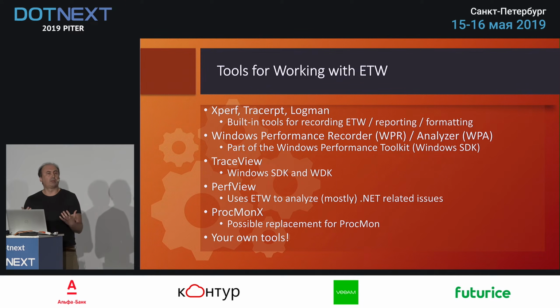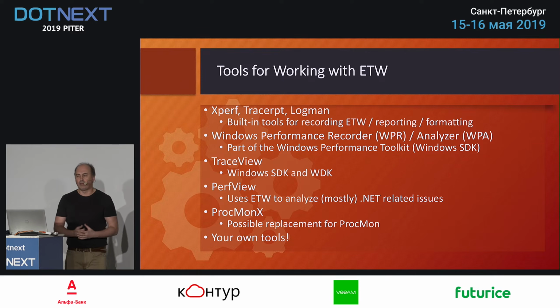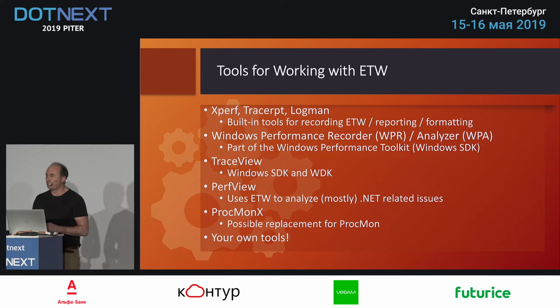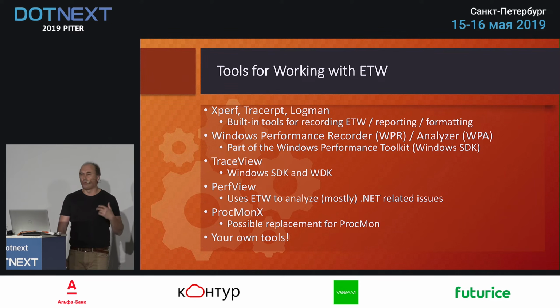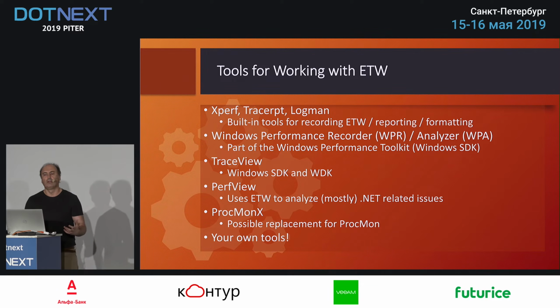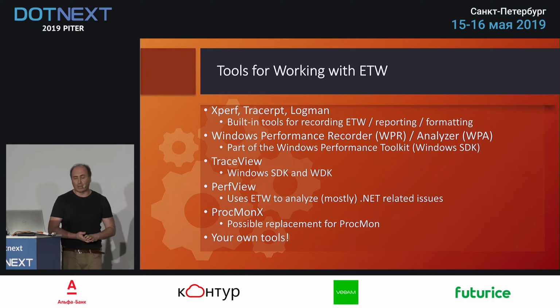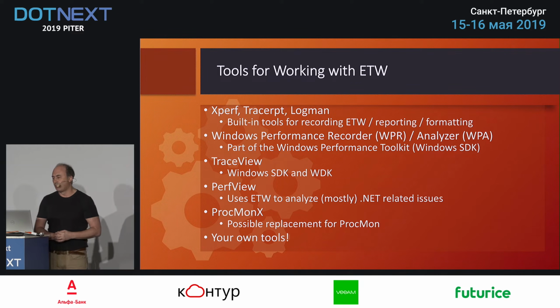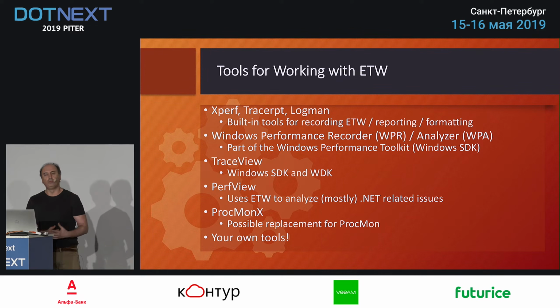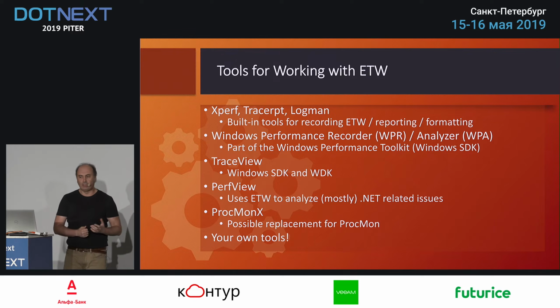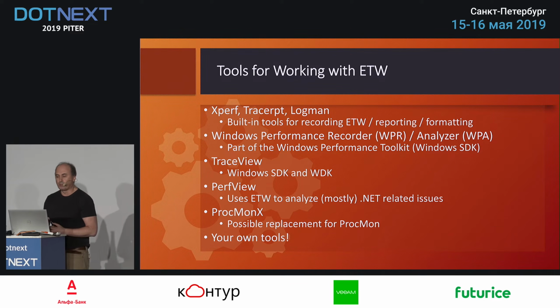But this is a generic tool that can analyze any ETL file, but it is very useful in cases where you have CPU stuff, perhaps issues in CPU or memory or I/O or networking, then this tool can be very helpful to analyze these kinds of scenarios. And I'm not going to look at that because, again, I want to focus on actual programming and what we can do to build these kinds of tools, but there are many examples you can find on the web.